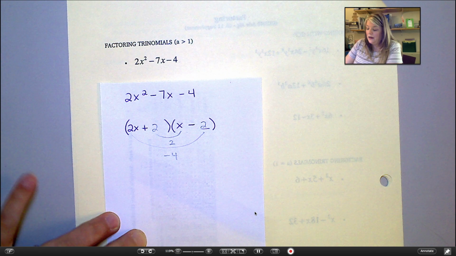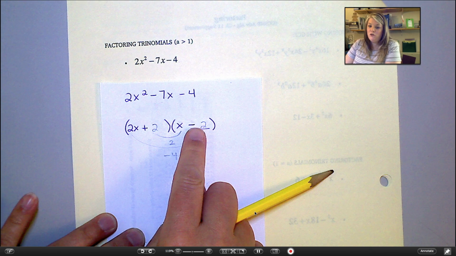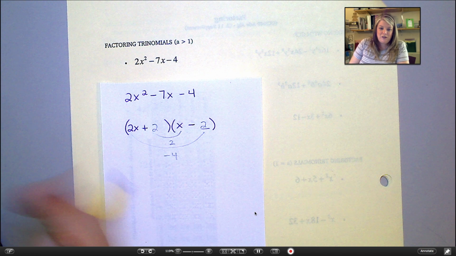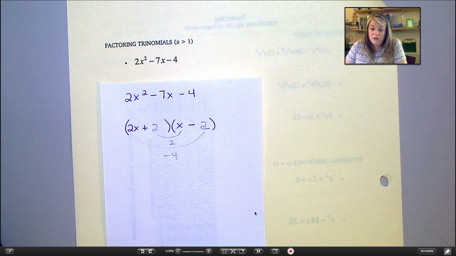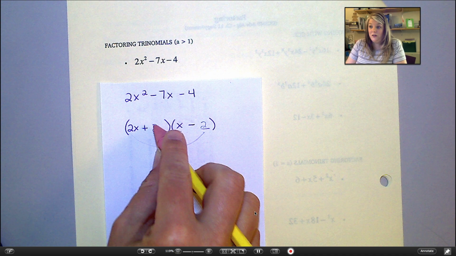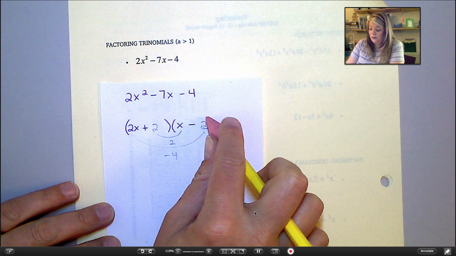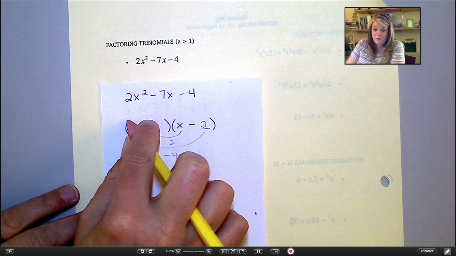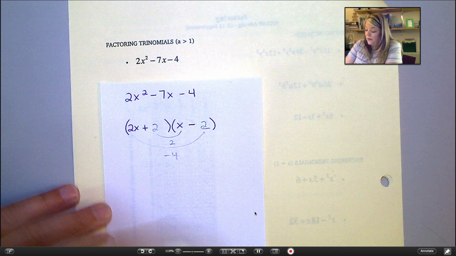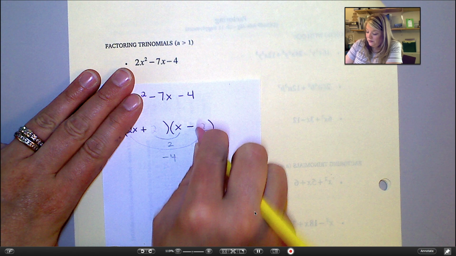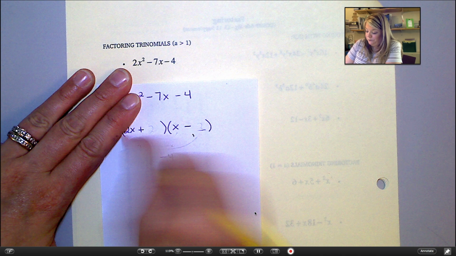Now, the fact that these are both 2's means it wouldn't matter even if I switched them around. But really with this method, I would also have to check it the other way around, because if these were two different numbers, this number getting multiplied by 2 would make a difference. So I need to scrap these and go with something different.